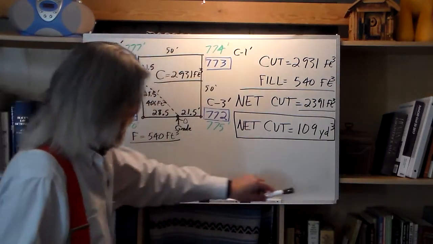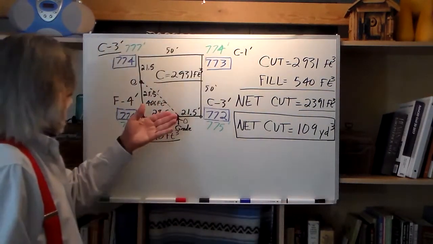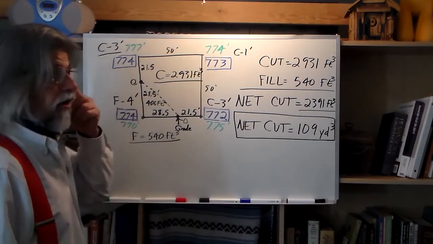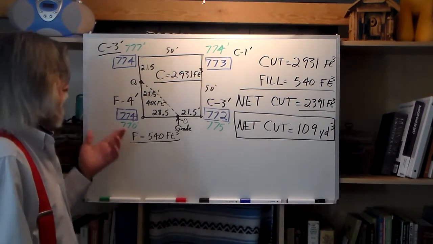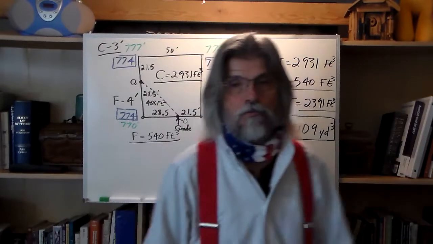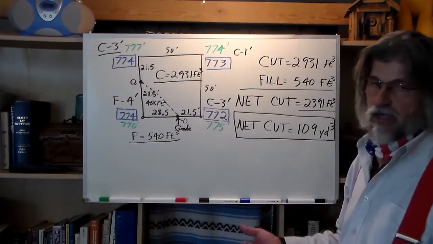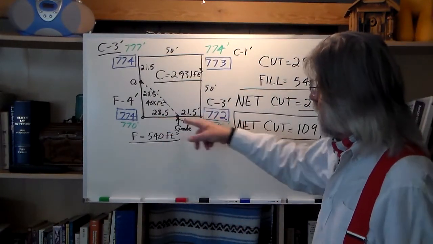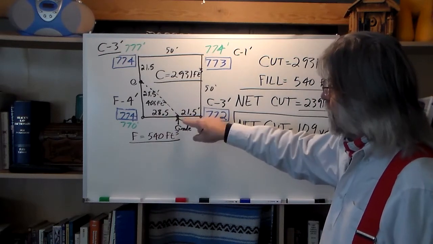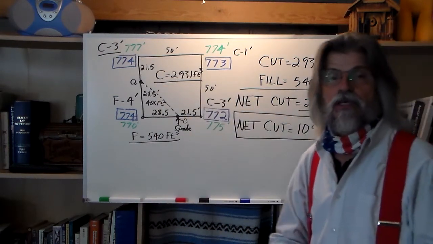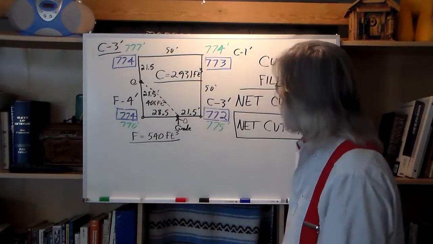Anyway, that is the example of volume based on average depth and area. Very simple process. The only complicated thing is figuring this transition point. If you get that transition point right, you'll get the rest of the problem right.